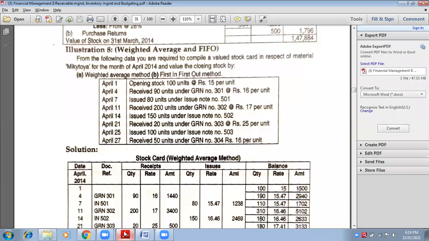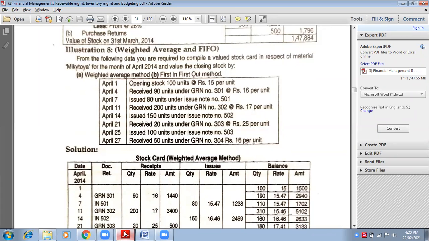Next we had the 200 stock. Out of 200, how much did we issue? 40 units. So how much is left over? 160 units. Write down in the balance column 160 units into 17, and the amount column will be 160 into 17, 2,720.